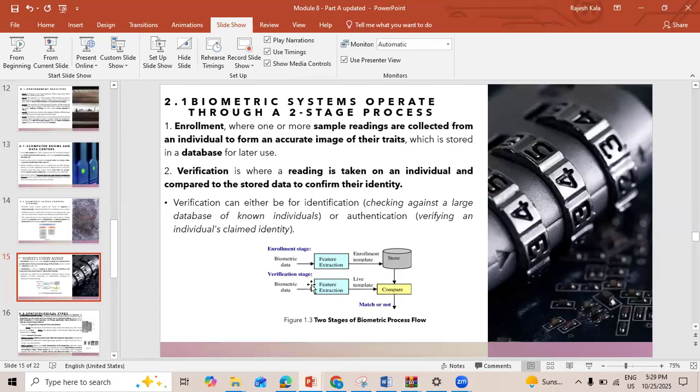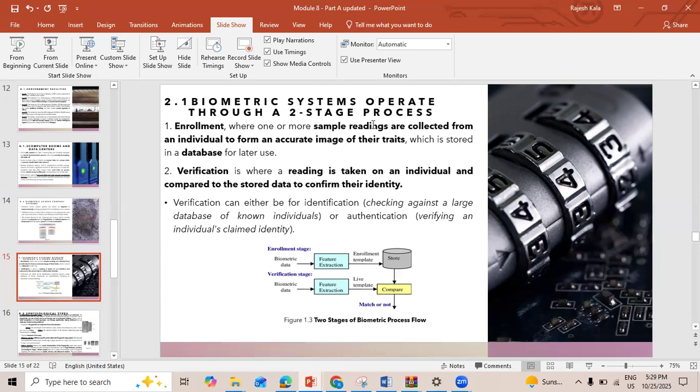When I go for the verification stage, I scan my face at the face scanner, and they compare it with the picture already stored in the database. If it matches, I will be authenticated or authorized. Otherwise, if it does not match, I cannot enter my attendance. This is what enrollment and verification are.